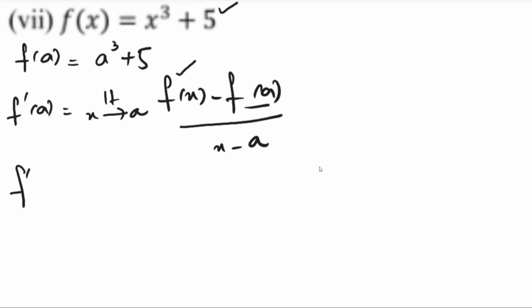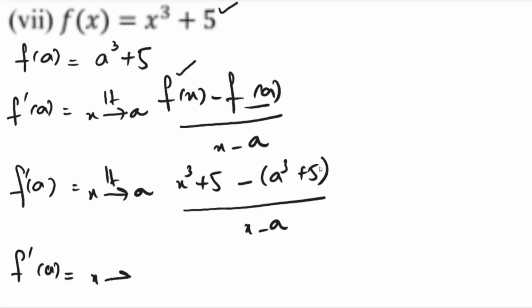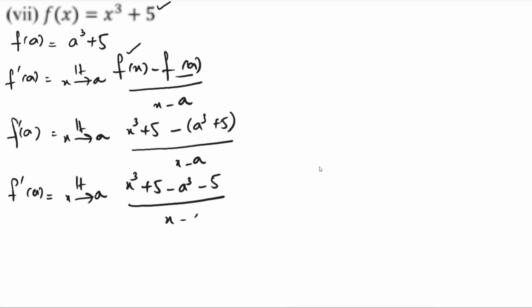So let's substitute it. x approaches to a. f of x is x cube plus 5 minus a cube plus 5. Now f dash of a is equal to limit x approaches to a, x cube plus 5 minus a cube minus 5 divided by x minus a.